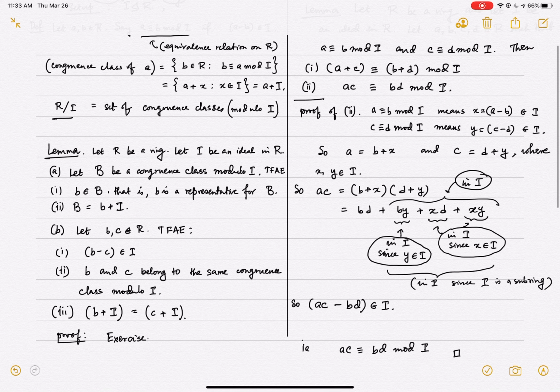Proof of 1 would be similar. And I want you to notice that this part 2 of the lemma that we just proved is the first place where you use the property that I is actually an ideal. So the multiplication on R mod I is going to make sense because I is an ideal.